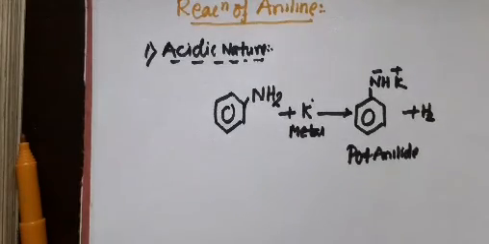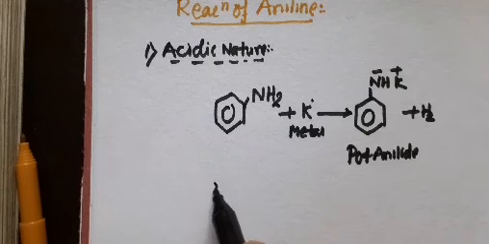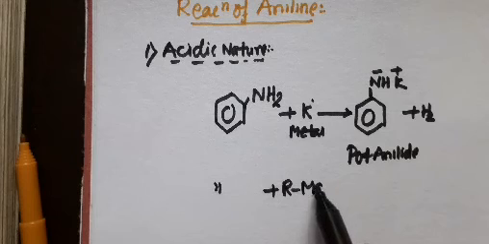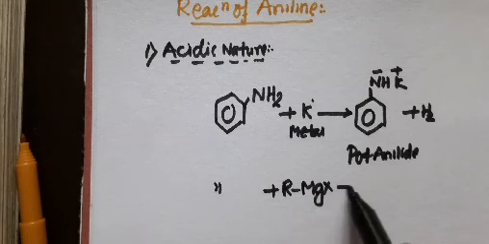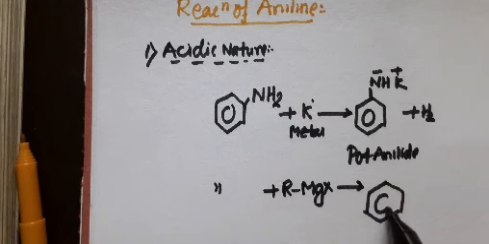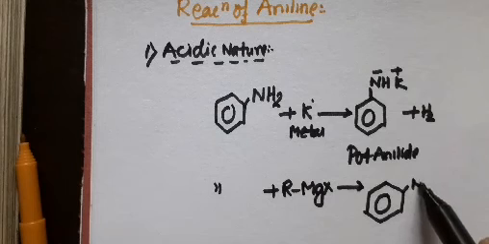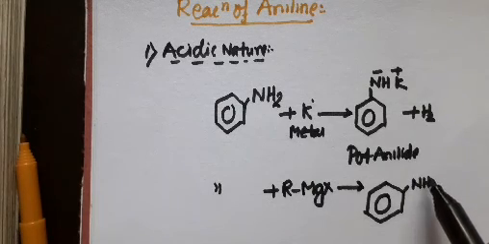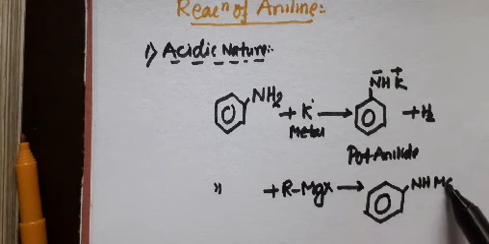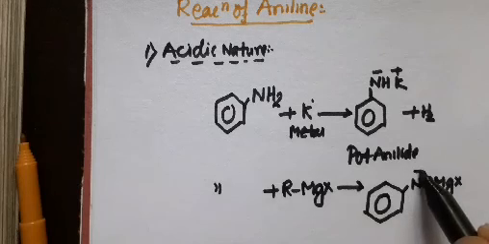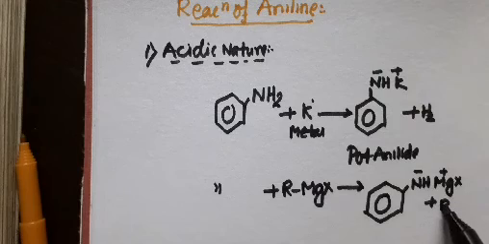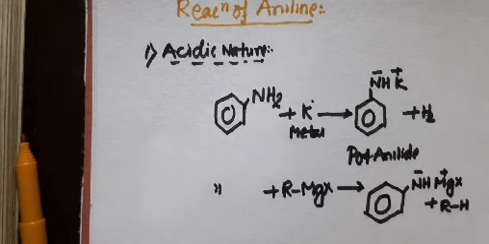It is potassium anilide. A similar type of reaction is shown by Grignard reagent, RMgX, giving NH-MgX, N negative charge, Mg positive, and RH will be the byproduct.